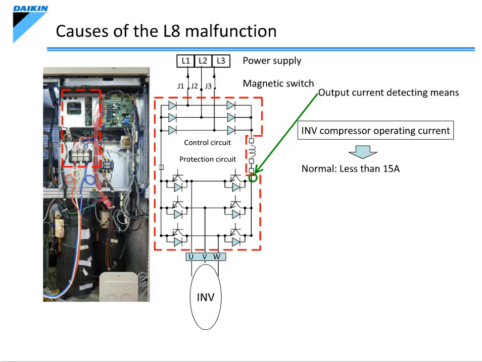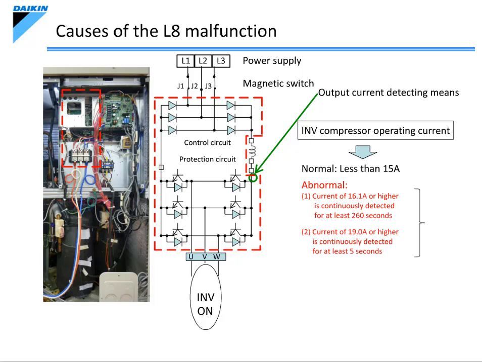There are two current conditions used to determine the L8 malfunction. One is when the output current detecting means detects output current of 16.1 amperes or higher for at least 260 seconds, and the second is when it detects output current of 19.0 amperes or higher for at least 5 seconds. In either case, it is determined as the L8 malfunction.